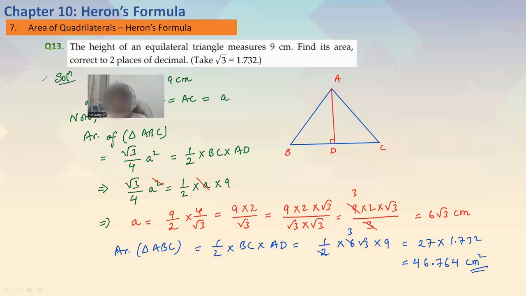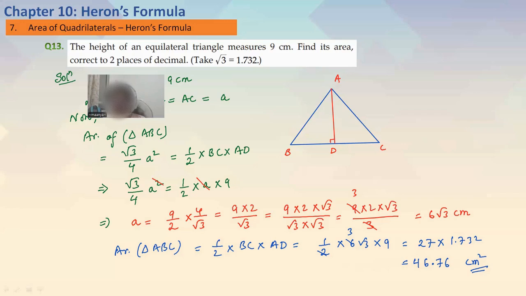It's absolutely fine. By the way, sir, they told us to find only 2 places of decimals. So aren't we supposed to write 46.77? Two decimal places means two decimal places. You cannot leave it at 46.7.